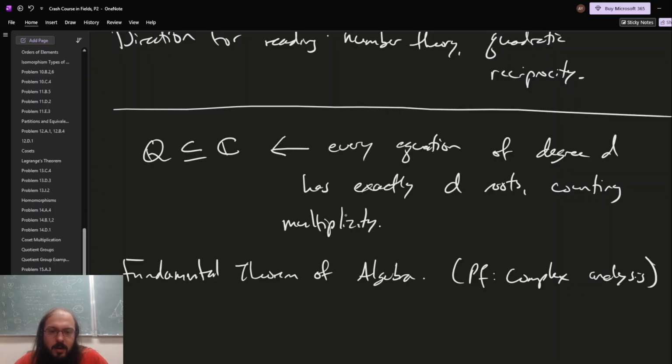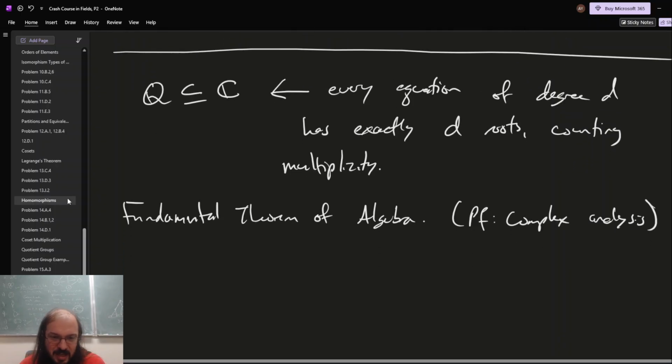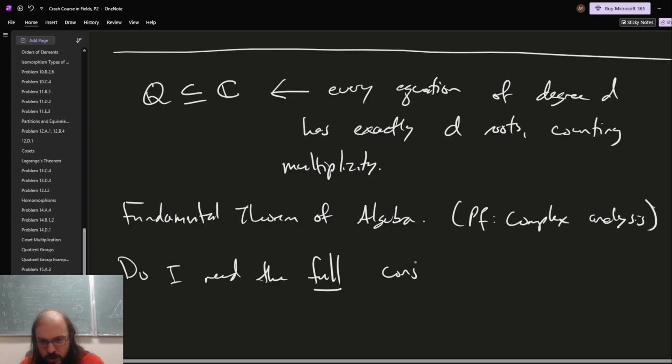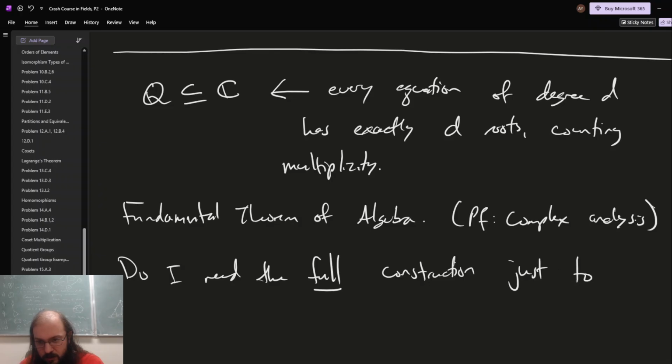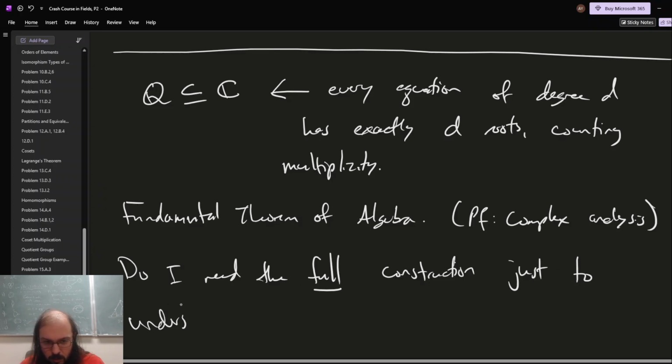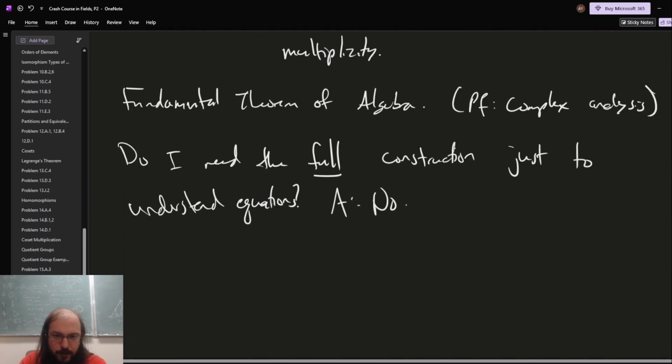And so you might ask yourself, do I really need all of this in order to solve simple equations? Do I need C, the full construction, just to understand equations? And the answer is no. This is going to be the point of the theory of field extensions.